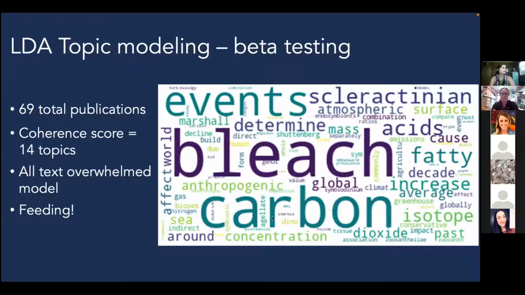Makes sense. However, when I got to the point of looking at the publications in the topics, because I read all of them, I wanted to make sure it made sense. I realized that the publications within each topic didn't really have anything to do with each other. So I read through them again, maybe seeing if there was something the computer saw that I didn't, and I realized that using the whole body of text from the publications overwhelmed the model.